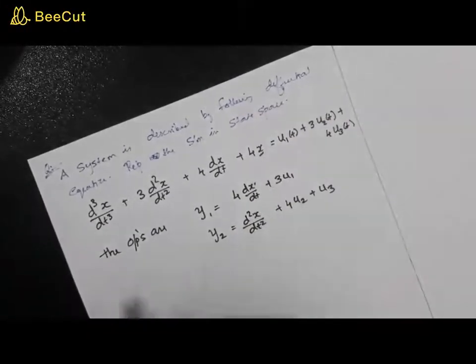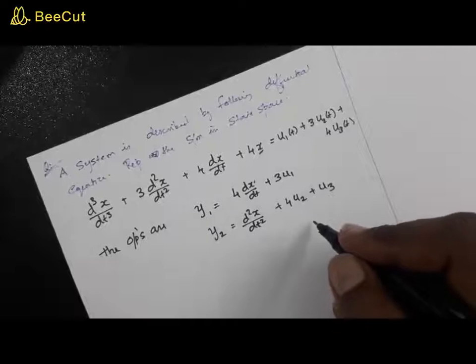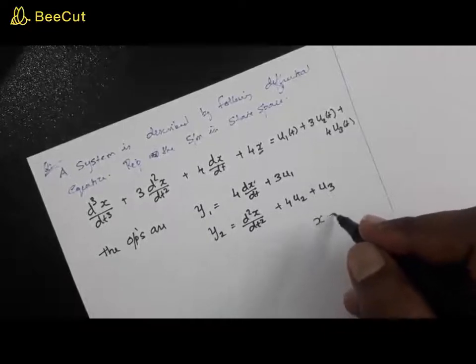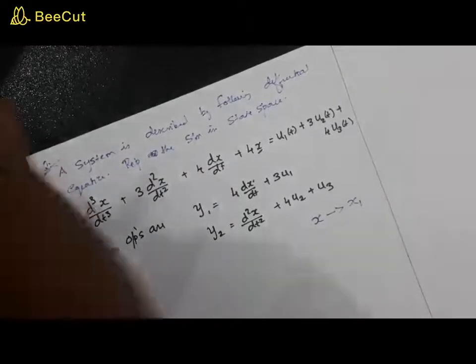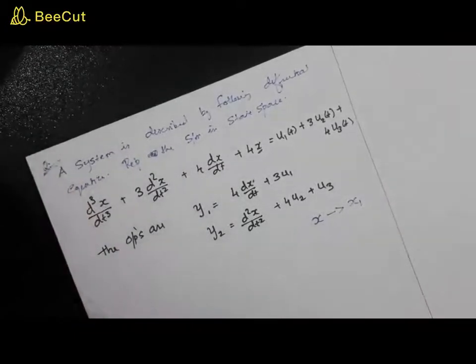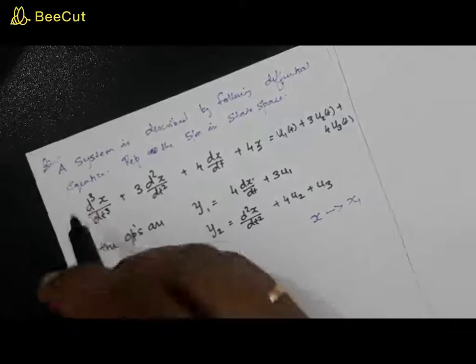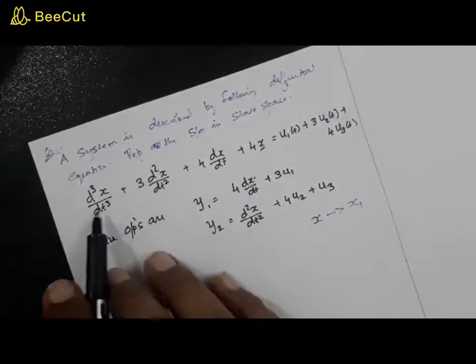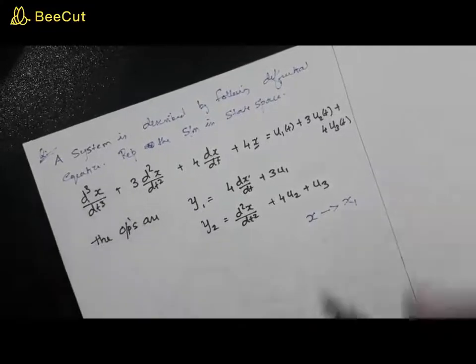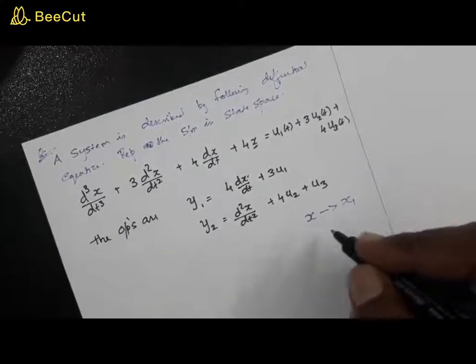So here what you need to do is represent this x as x1, right? Now how many state variables will this system have? Because this is a nth order equation, a third order equation, you will have 3 state variables.